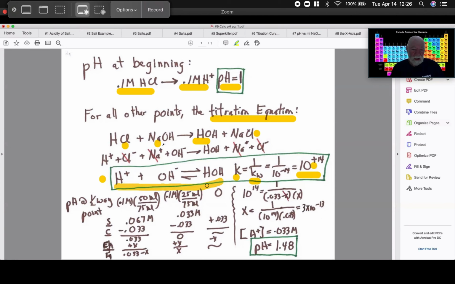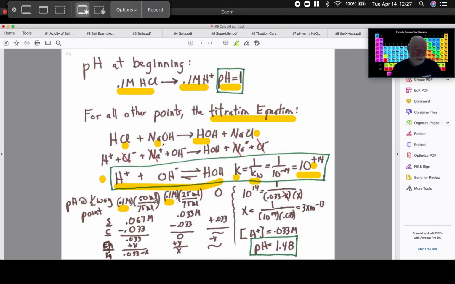Now let me write some numbers there. So we have 0.1 molar hydrochloric acid, 50 milliliters of it. We're going to mix it with 0.1 molar sodium hydroxide, 25 milliliters of it. Now, when you mix two solutions together, you must take dilution into account. So the total volume is 75 milliliters.